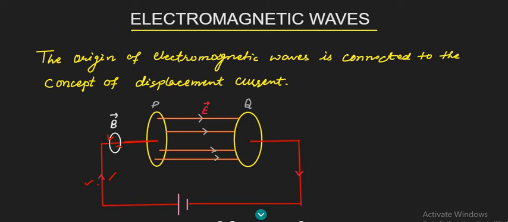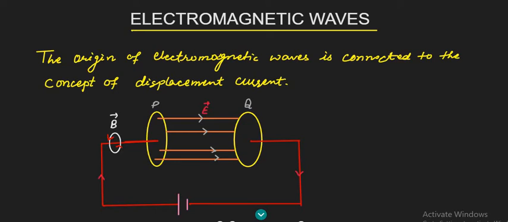As your capacitor charges, charge accumulates on the two plates of the capacitor, these two plates P and Q, and as a result a changing electric field is produced. This is the electric field and there will be a change in electric field between the capacitors.